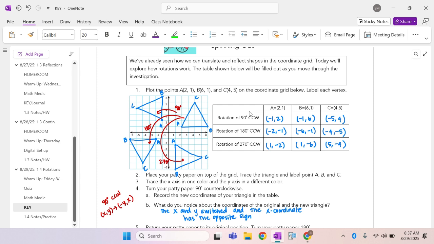Remember, pre-image is the image you started with. So ABC, not the primes. What happened between here to here? What happened to the points? Lucas: They were the same as the original, except they're just negative.